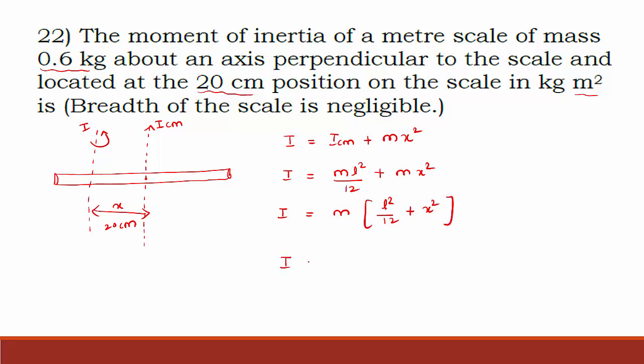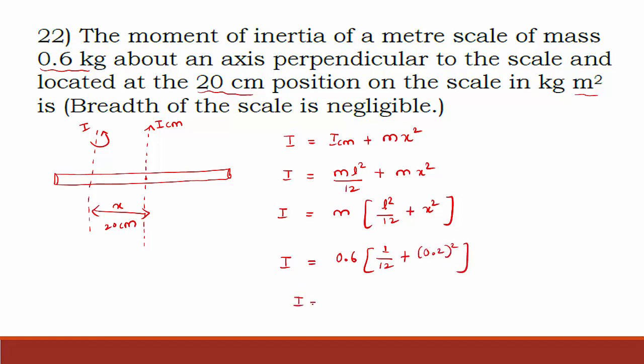What is the value of x? It is 20 centimeter. So I can write the m value is already given, 0.6 kg. So 0.6 into the length is given, that is a meter scale, meaning 1 square will be 1 divided by 12, plus the x value is 20 centimeter, that means 0.2 square.